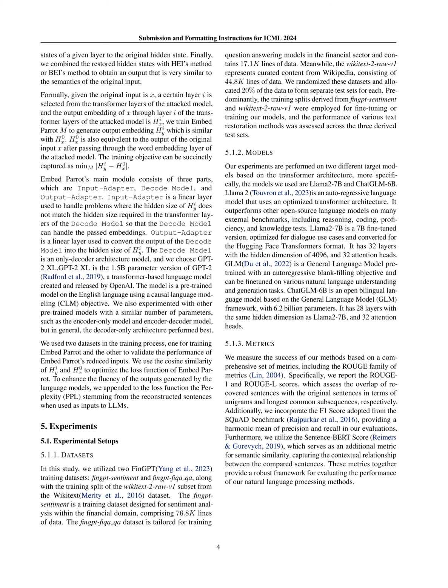Embed Parrot is trained to generate an output embedding h_i_y that is similar to the initial hidden state h_0_x after passing through the word embedding layer of the attacked model. The training objective is to minimize the difference between h_i_y and h_0_x. Embed Parrot consists of three main parts: input adapter, decode model, and output adapter.